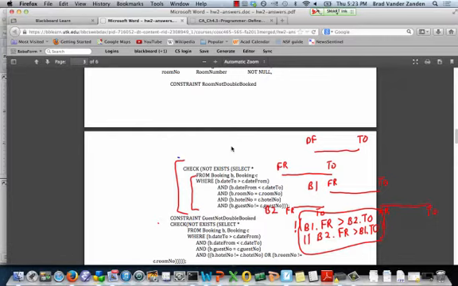So we inverted it, and if you use De Morgan's law on it, you get booking 1 dot from is less than booking 2 dot to, and booking 2 dot from is less than booking 1 dot to, which I believe is what I have here.